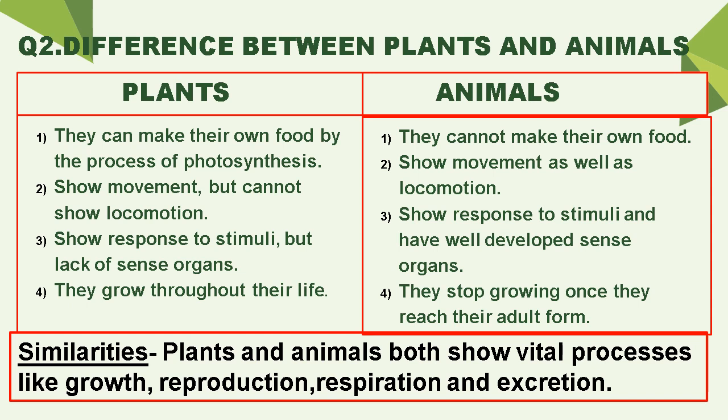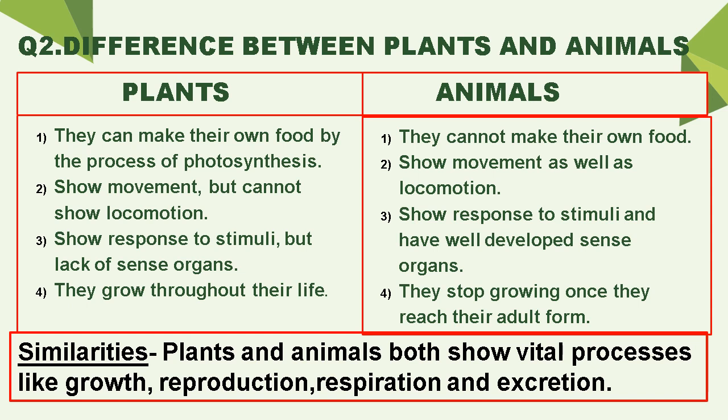Although plants and animals are living things, still they have some differences between their characteristics. Plants can make their own food by the process of photosynthesis, so they are called autotrophs, while animals cannot make their own food.